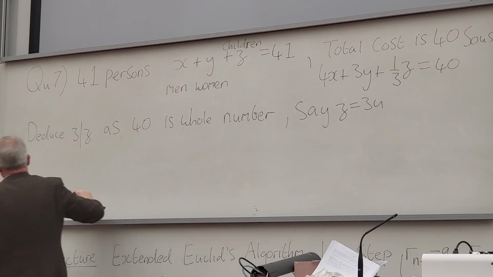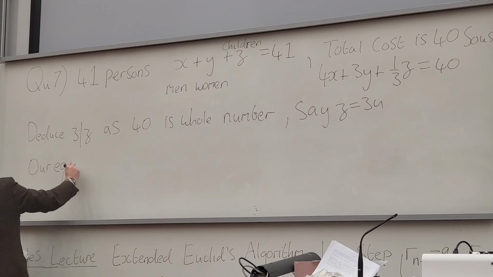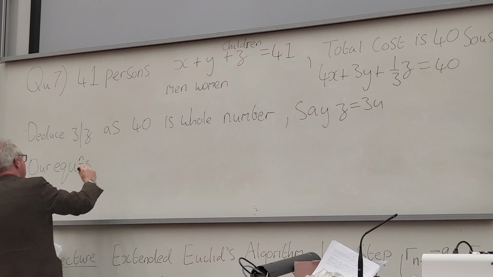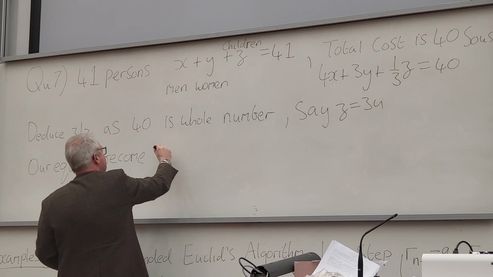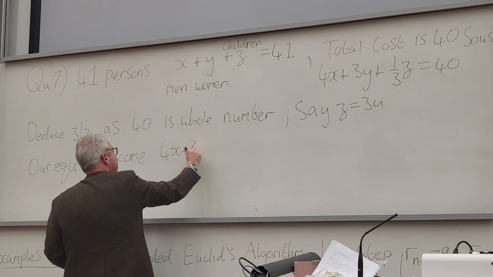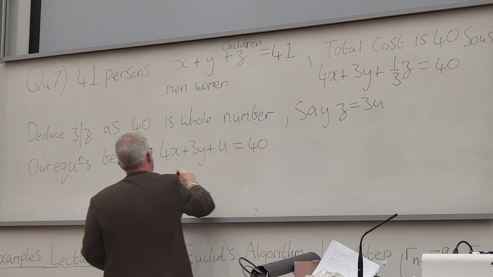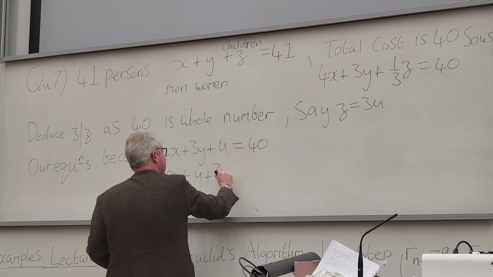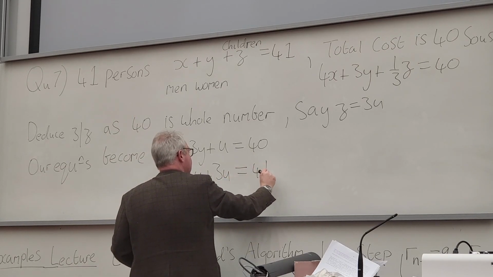So we've got 2 equations. So we get 4x plus 3y plus u is 40, and x plus y plus 3u equals 41.